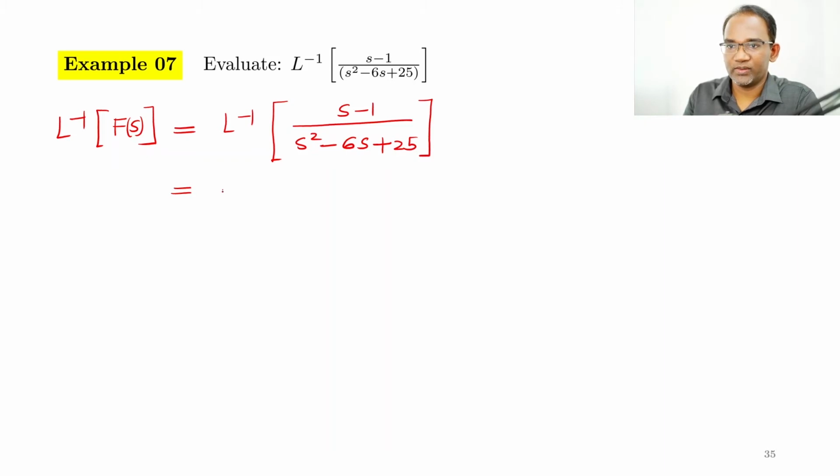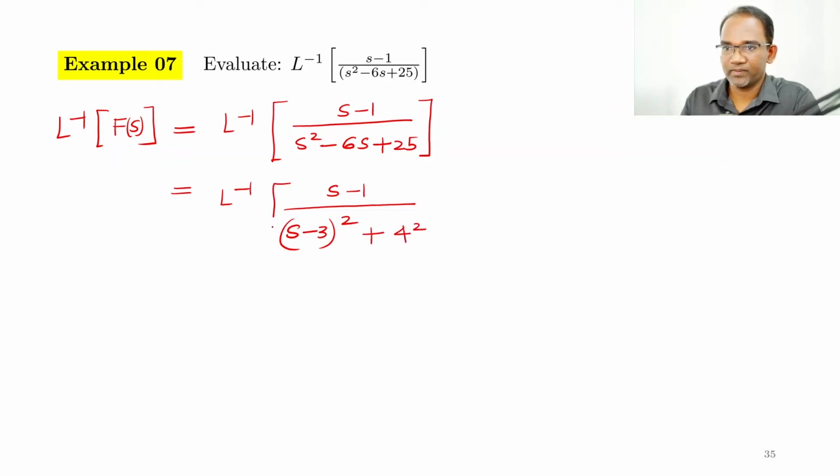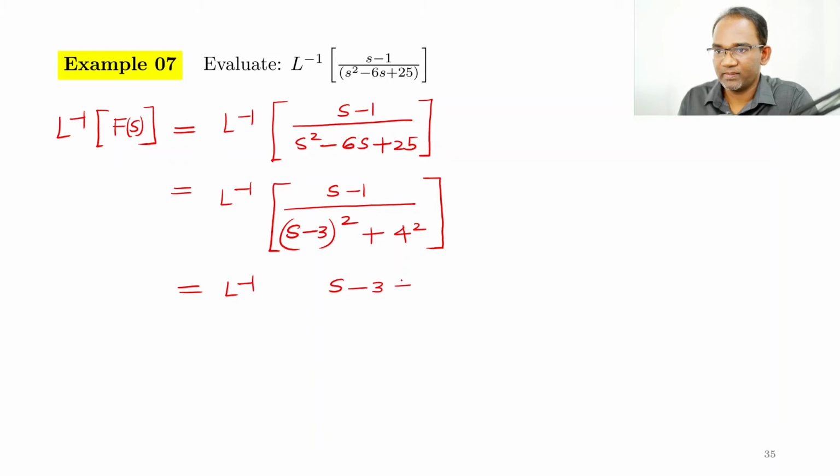And this is equal to L inverse of (s minus 1) over, we'll rearrange the denominator to be like the standard results, so this is (s minus 3) the whole square plus 4 square. And this can be written as L inverse of (s minus 3 plus 2) divided by (s minus 3) the whole square plus 4 square.